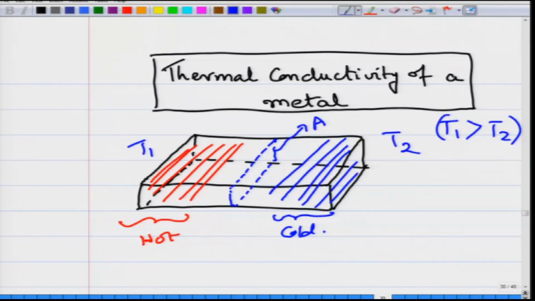You will measure the net thermal current, which is the amount of thermal energy crossing per unit time per unit cross sectional area, because you have one end which is at high temperature and the other end at low temperature. So, now there is a flow of thermal energy from one end to the other, and this is almost like electric current.